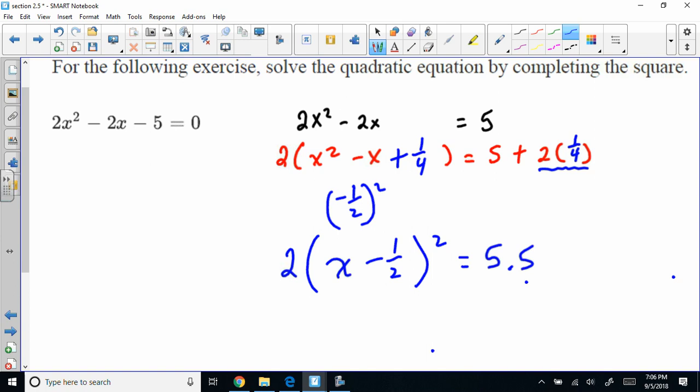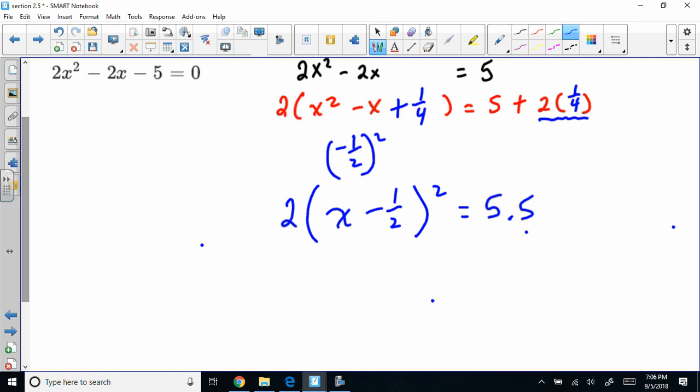Okay. Now, divide it by what? 2. So that leaves me with x minus 1/2 squared equals, what's 5.5 divided by 2? 2.75, right?